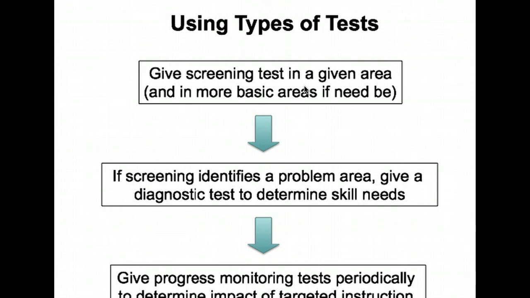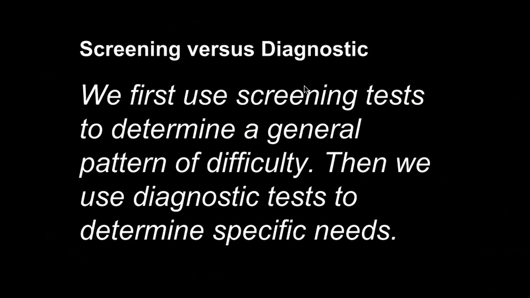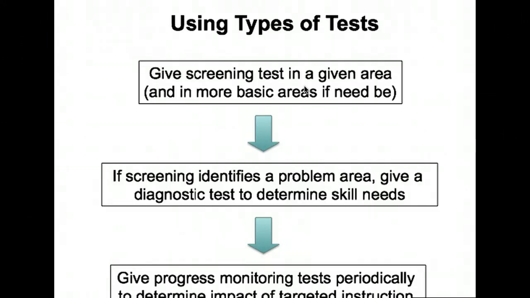That's what we're getting to now. So now that we know, and Monica, I hate to pick on you, look at you. Oh, the last slide. To determine the specific needs, we're going to use the diagnostic test to determine Monica's specific needs.